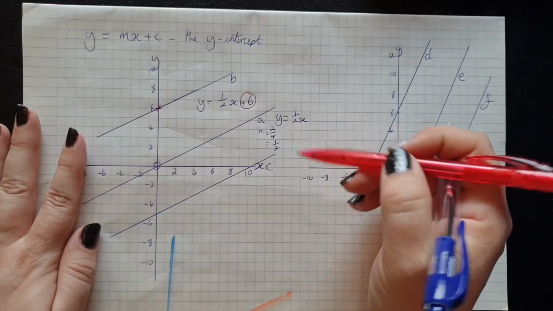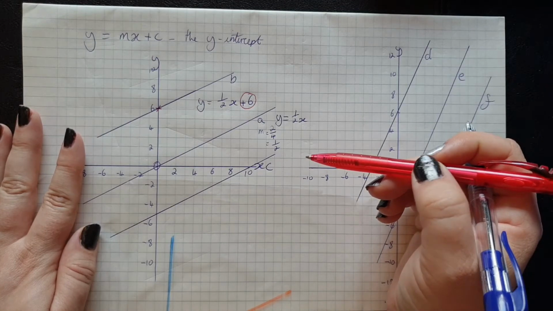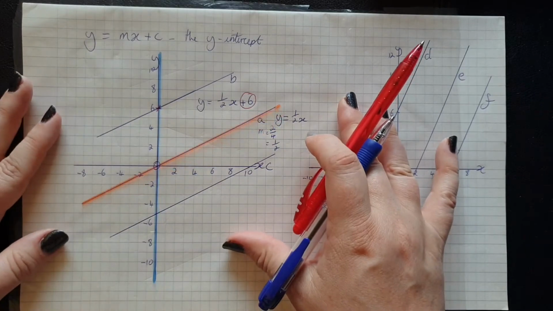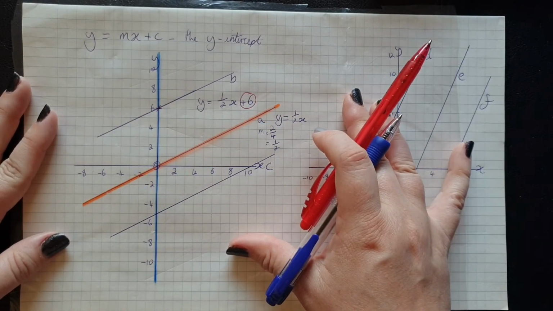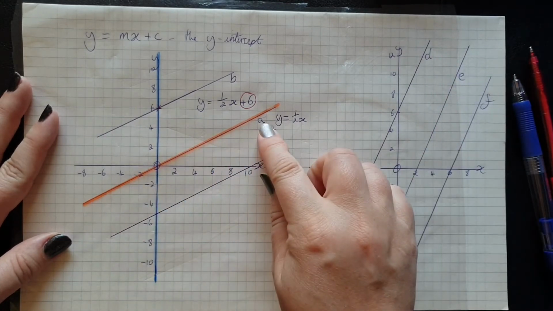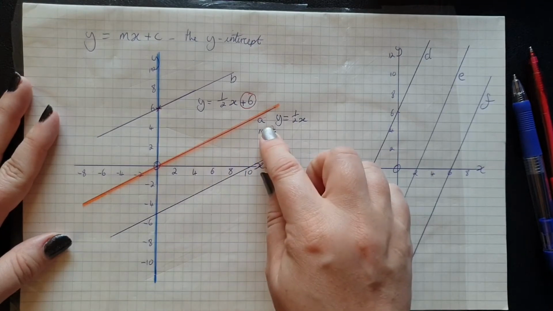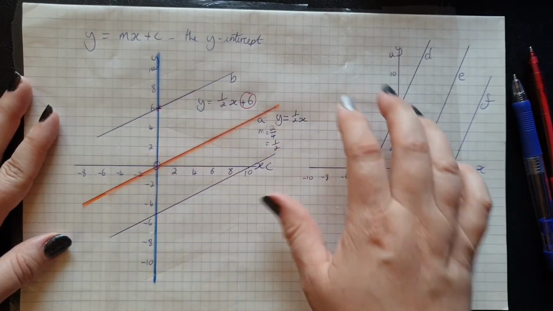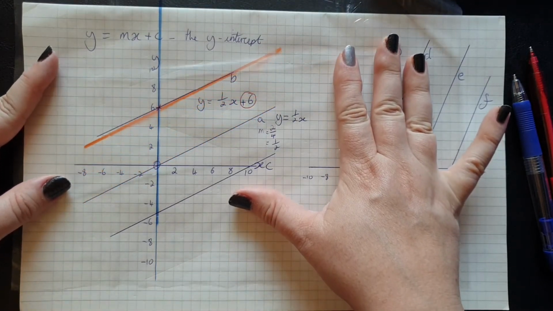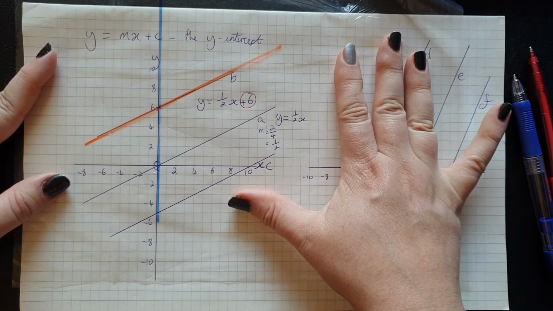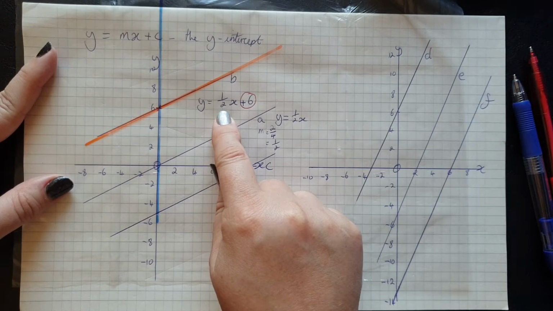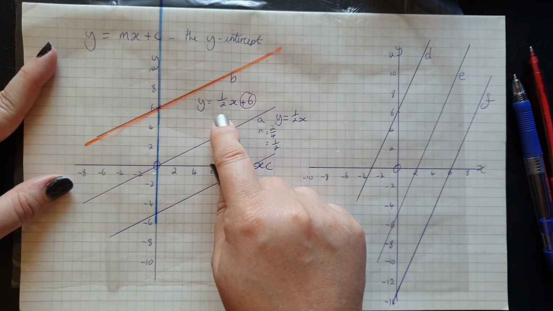The gradient is the same as you were calculating last week, change in y divided by change in x. This is the original, the one we can calculate easily. We can also calculate the gradient of this, but because graph B is up 6 places, we call it y equals half x plus 6. So the gradient is a half and we're adding 6.